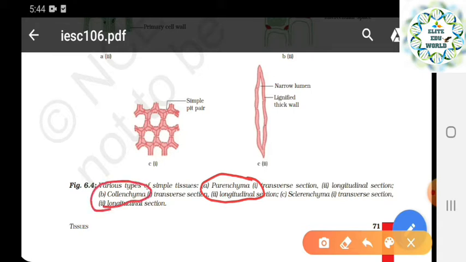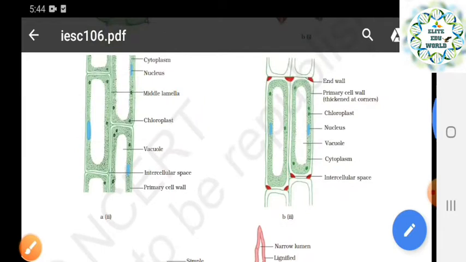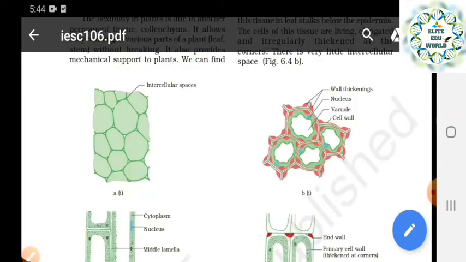The second type is collenchyma. And the third is sclerenchyma. These are the three types of simple permanent tissue, called simple because all the same cells come together and make the tissue.